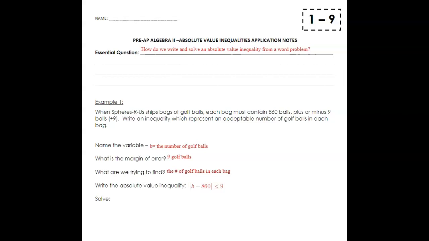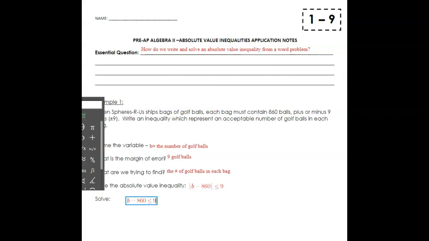Whenever I solve, remember from a few days ago that we want the absolute value to be isolated, and it is. Absolute value of b minus 860 is isolated on the left side. So I'm going to create two inequalities. The first one will be b minus 860 is less than or equal to 9.